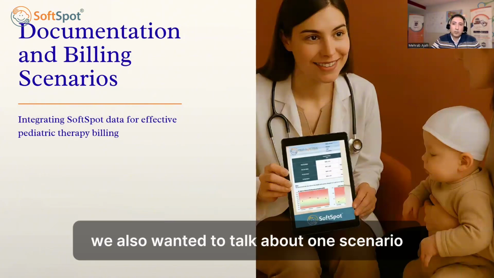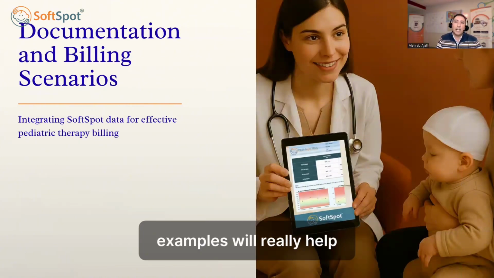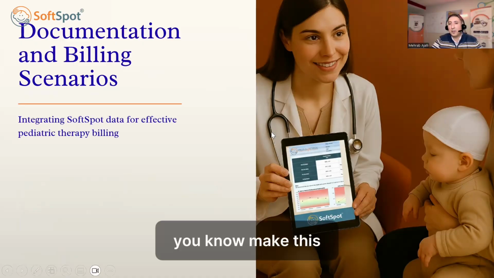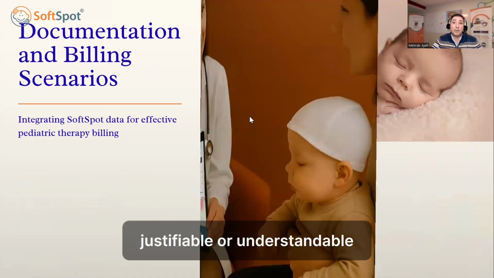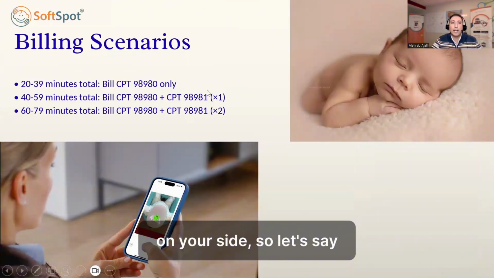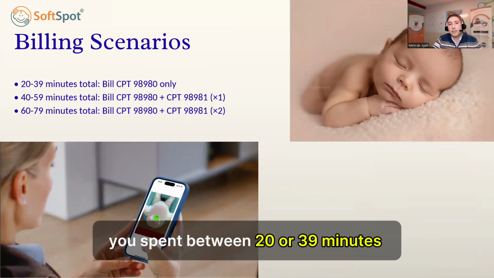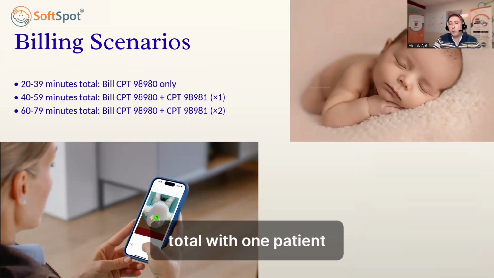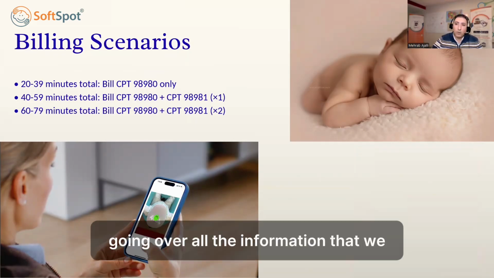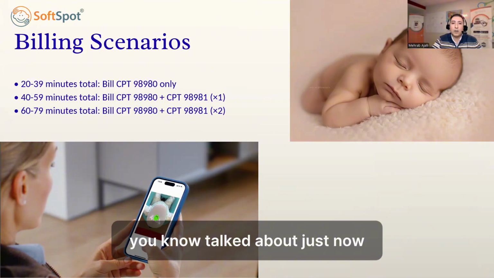So we also wanted to talk about one scenario. So again, examples will really help make this justifiable or understandable on your side. So let's say you spent between 20 or 39 minutes total with one patient, going over all the information that we talked about just now.